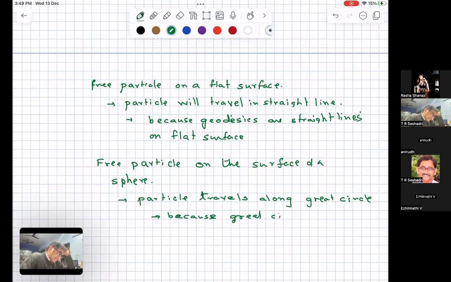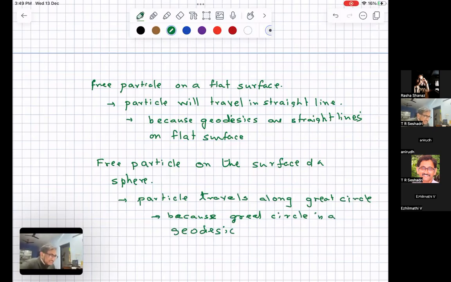Great circle is a geodesic. Now I can turn the argument around. What it says is, if I analyze the nature of geodesics, it can tell you about my geometry.